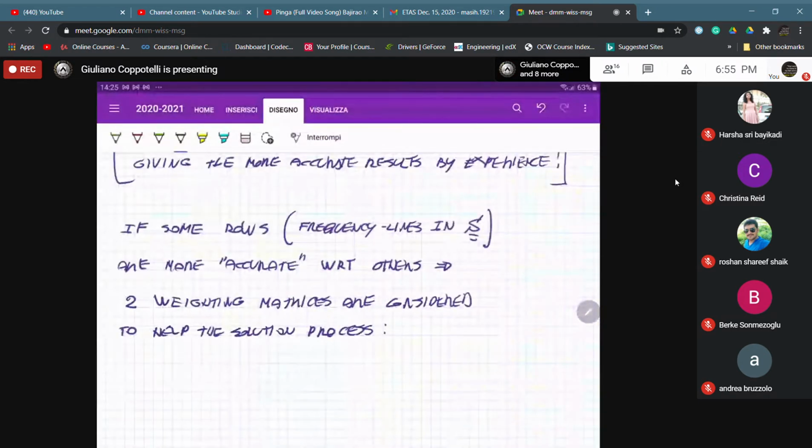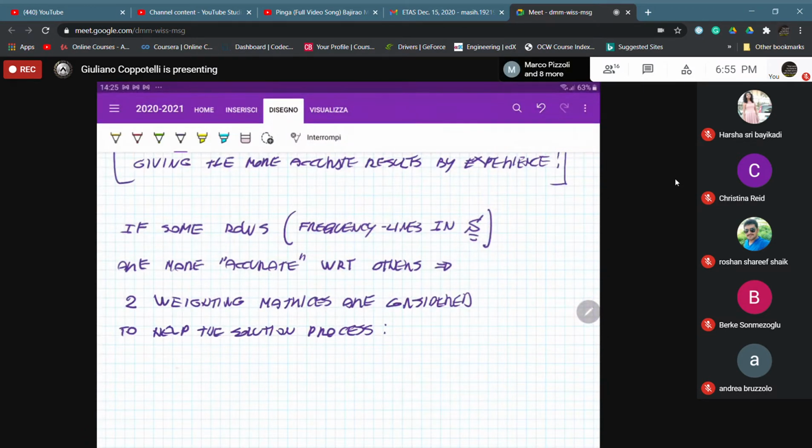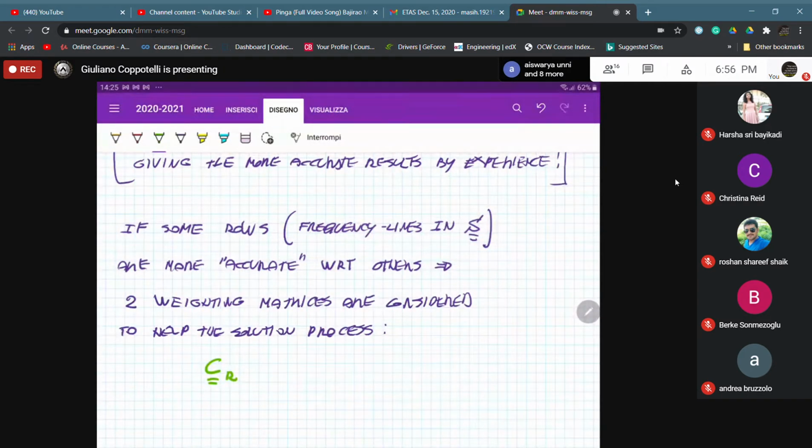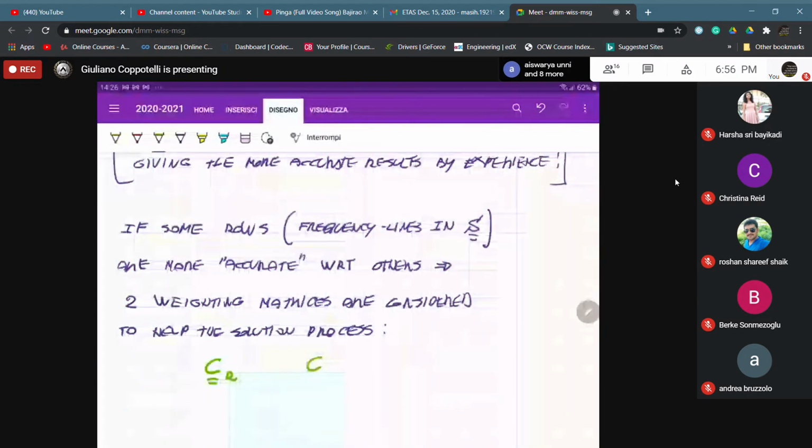These weighting matrices could be viewed as the matrix CR and the matrix CP.